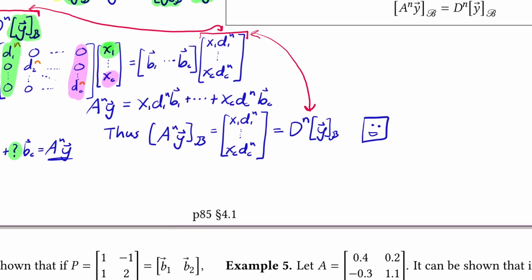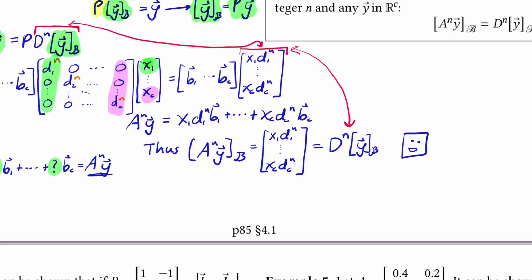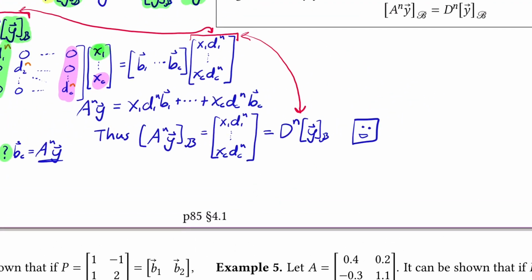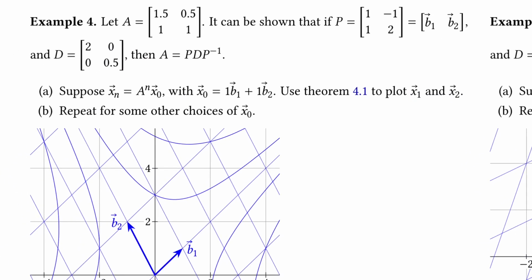Now, this might just feel like an awkward change of notation that doesn't really show you anything, but I believe that when we look at it in terms of a graph, it really tells you what power diagonalization has. Let's look at this example 4.